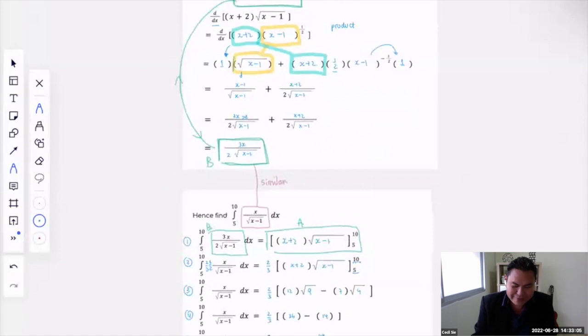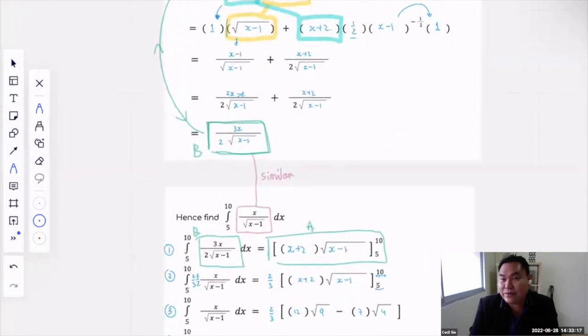So that's it. That's how we do this type of question. They give you similar, the second question, they ask you the integration. Don't do it directly. Instead, what you do, you reverse the differentiation into integration, then we solve after that.